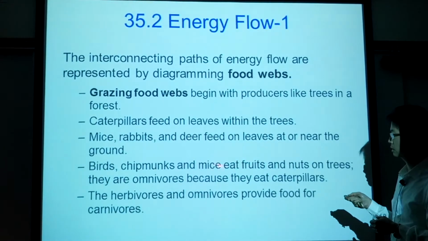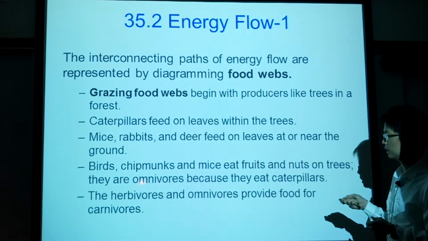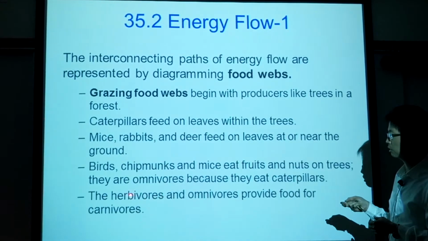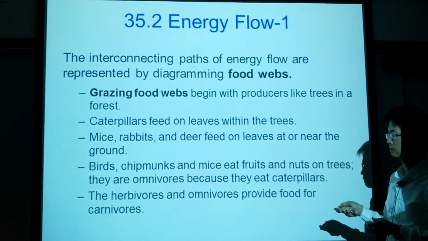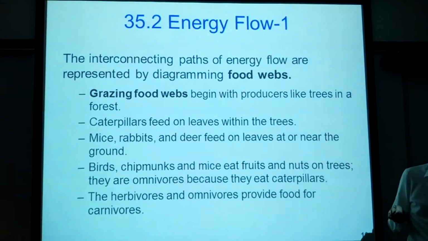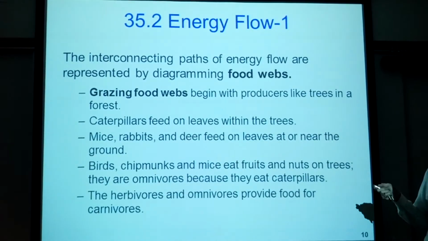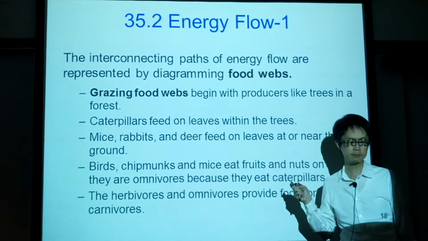The birds and other larger animals feed on fruit or nuts of the tree, and they also eat the caterpillars. And then herbivores and omnivores provide food for the carnivore. All these are examples of the food web.